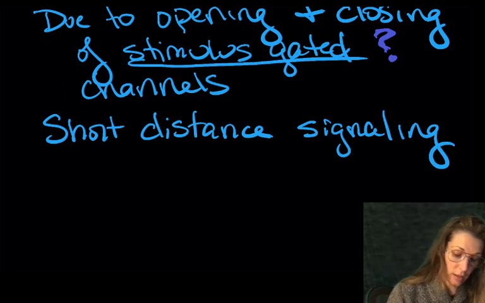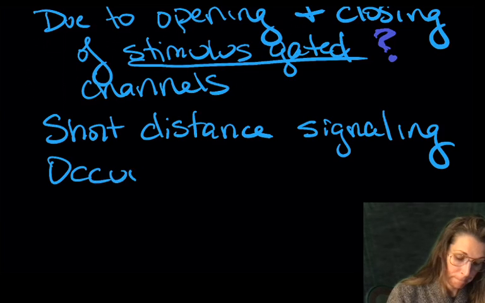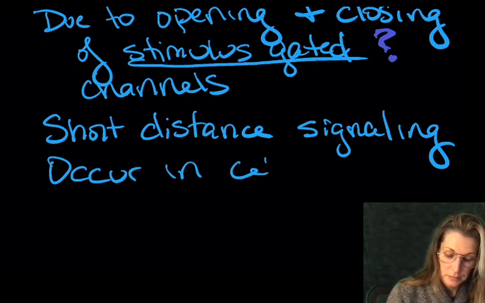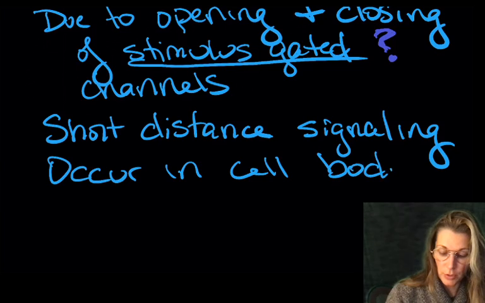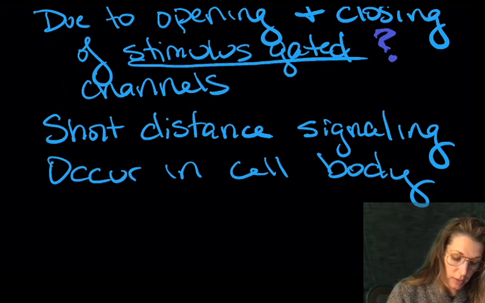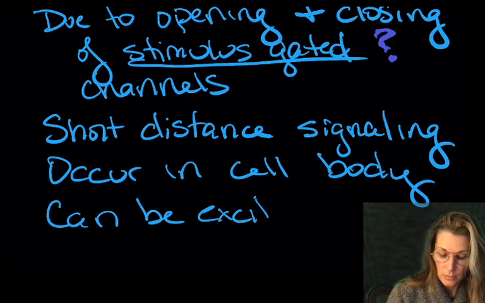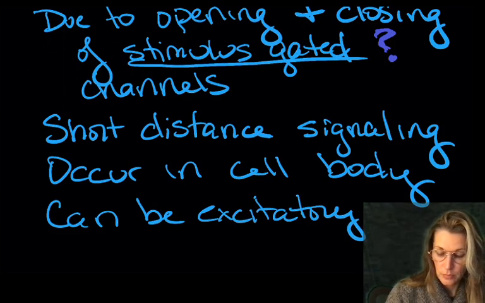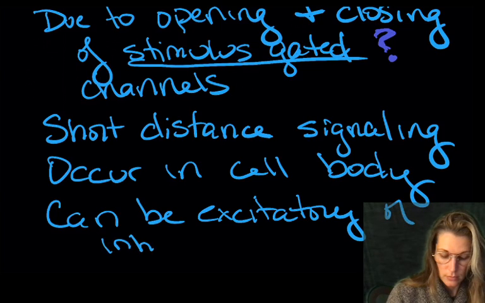And they occur in the cell body. All of this is review. Okay. Again, they can be excitatory or inhibitory. All stuff we've already talked about.